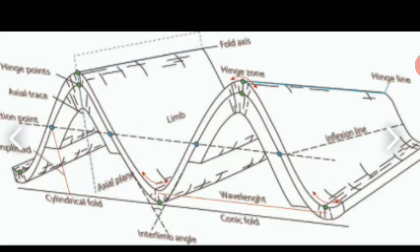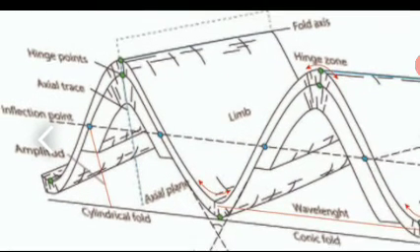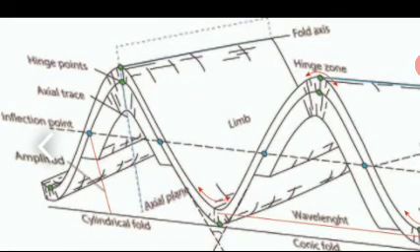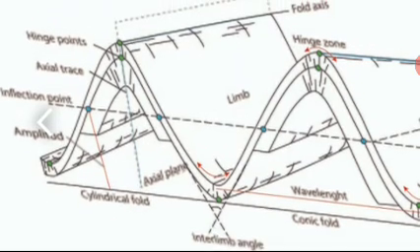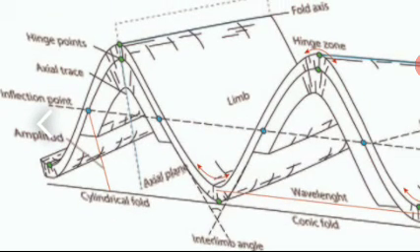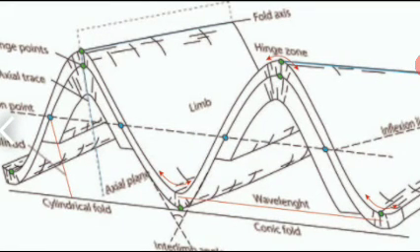Anticline means the fold looks like A. Here you can see A, anticline, and syncline is like a V shape. Anticline is A shape, syncline means V, V means valley, syncline means sinking.